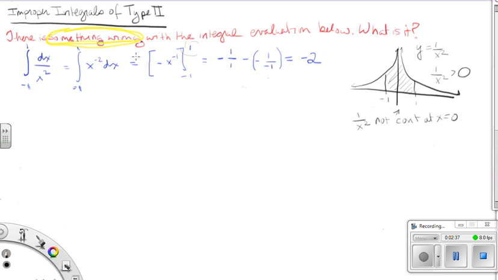The fundamental theorem of calculus says if the integrand is continuous over the interval, then we can evaluate the integral by finding the antiderivative and plugging in the endpoints.